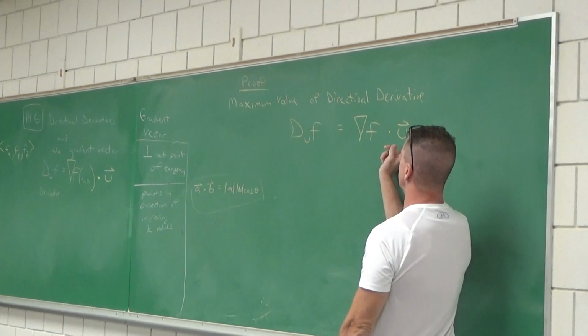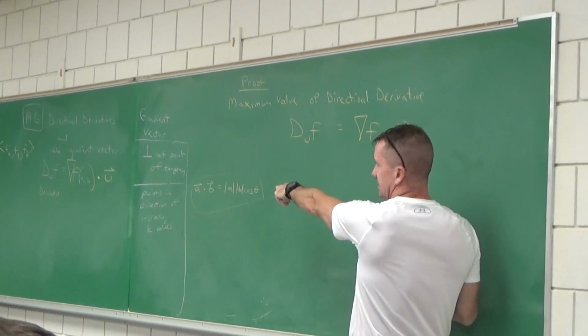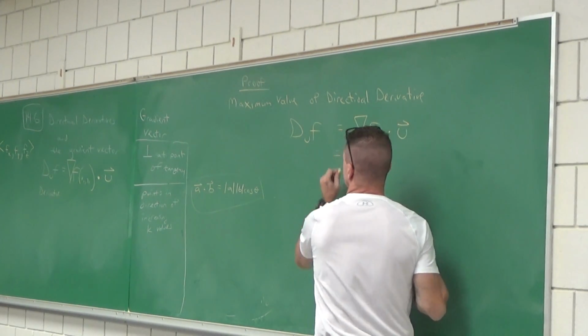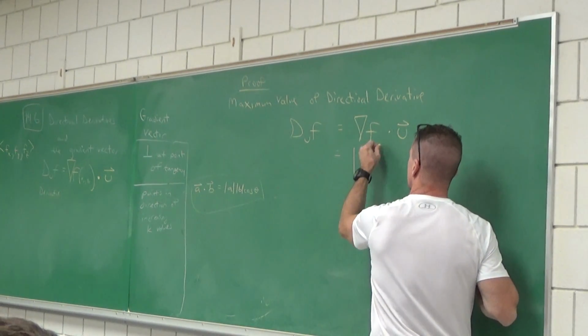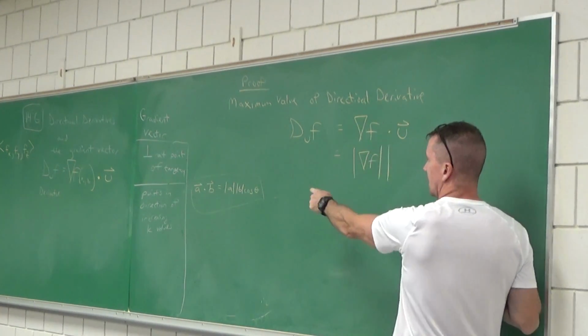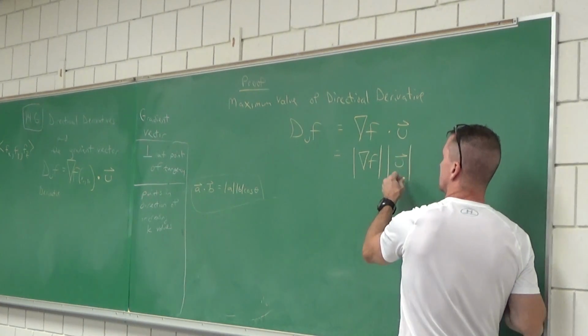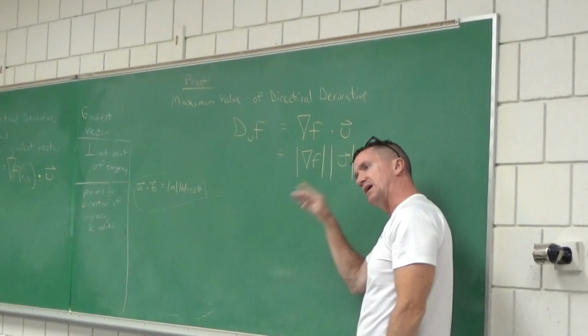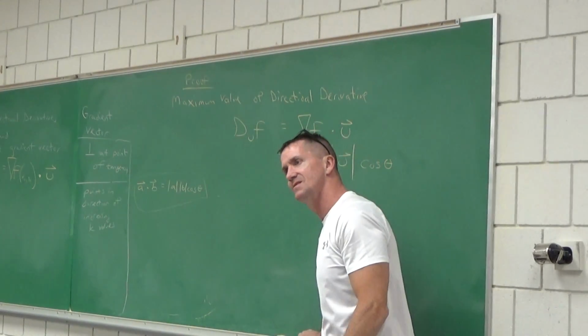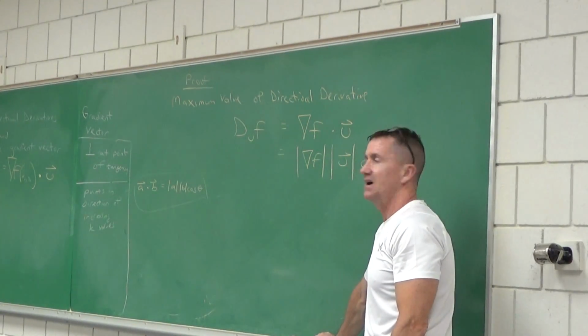This is a vector and this is a vector, the dot product. Let me write it with that. So this is equal to the magnitude of del F, the magnitude of the unit vector, times the cosine of the angle theta, where theta is the angle between the two vectors. We're almost done figuring this out.